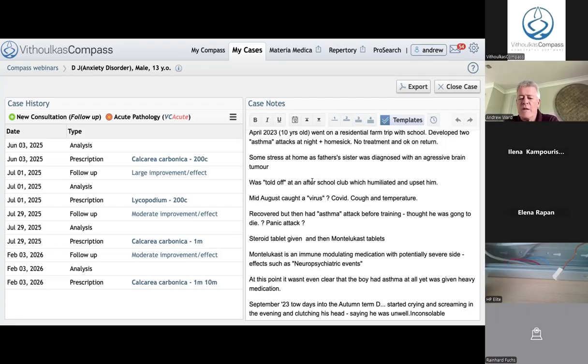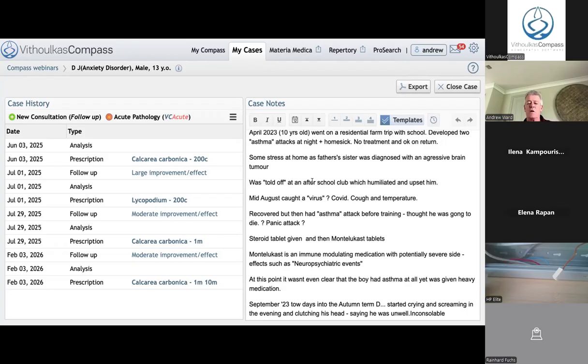And subsequent to that, once that acute phase was over, he was then prescribed Montelukast tablets. Now remember, this is a 10-year-old boy being prescribed Montelukast. Now, Montelukast is an immune modulating medication with potentially severe side effects, and these are common side effects, such as neuropsychiatric events.